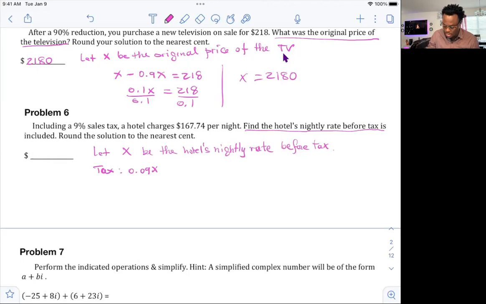So that means combined, we're going to have X plus 0.09x equals 167.74 combined. So 1x plus 0.09x will be 1.09x equals 167.74.